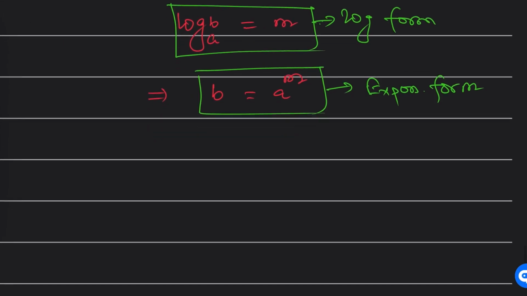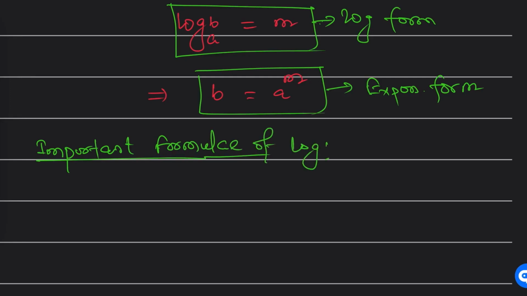Next is, sir, if I'm discussing different formulas of log, so let's discuss the formulas, then I'll come to the types here. So, very important, I'm talking about a few important formulas of log.